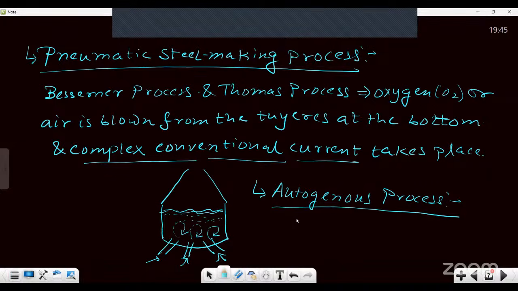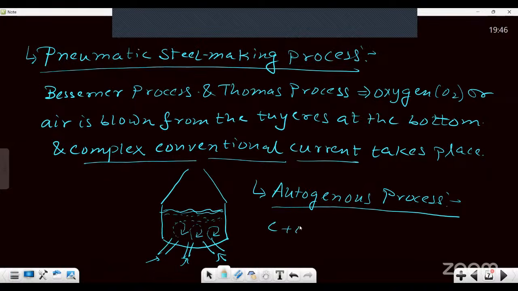Now the question is why? Because when we are blowing oxygen or air, a lot of oxidation reactions are taking place inside the converter.